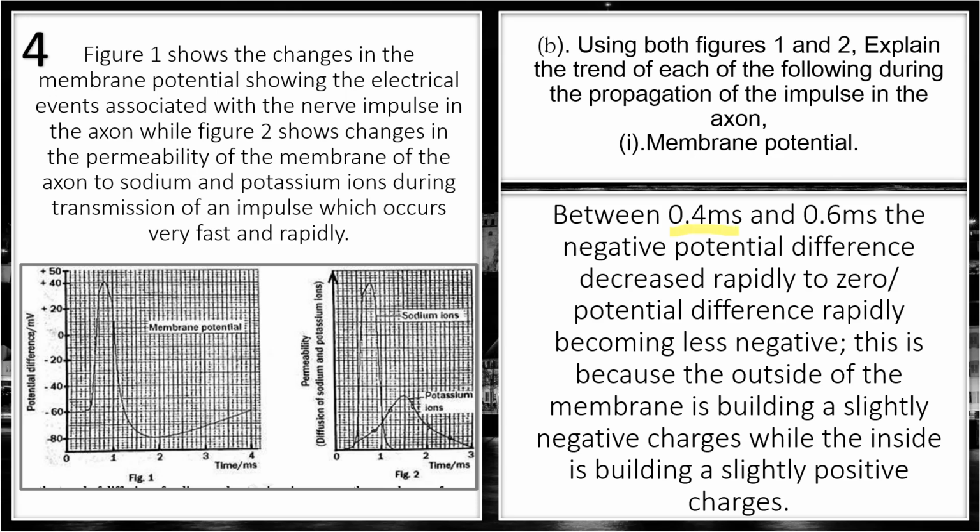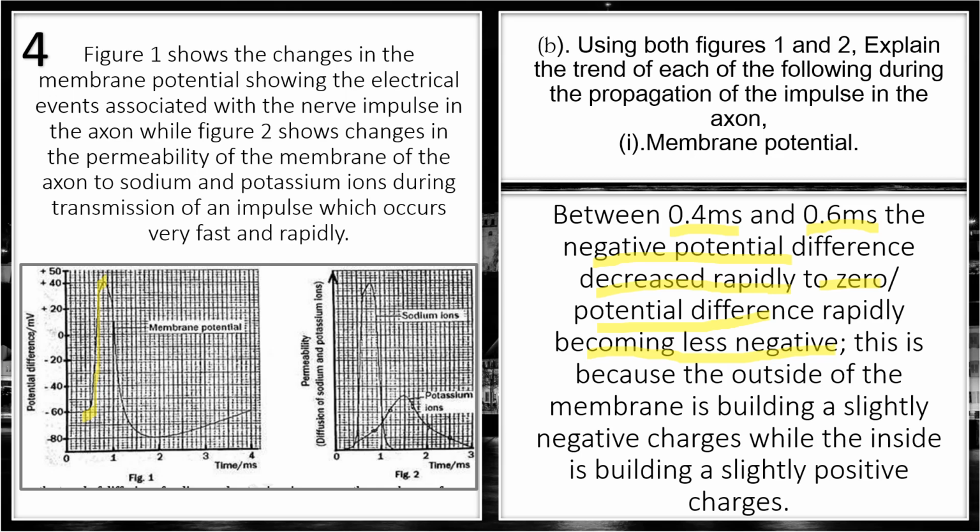Between 0.4 millisecond to 0.6 millisecond, the negative potential difference decreased rapidly to 0, and the potential difference rapidly became less negative.